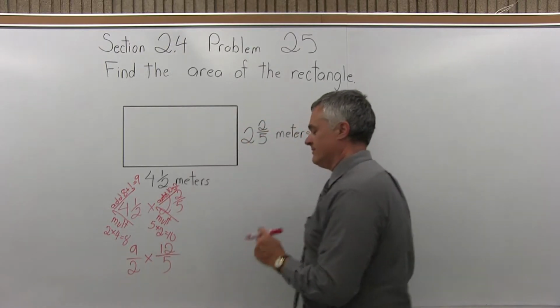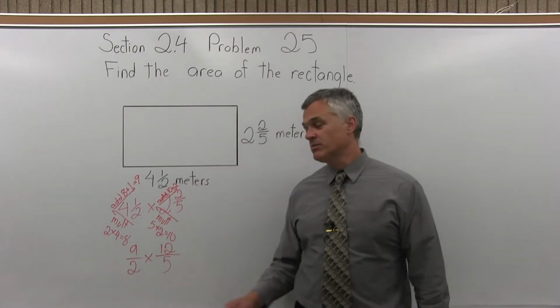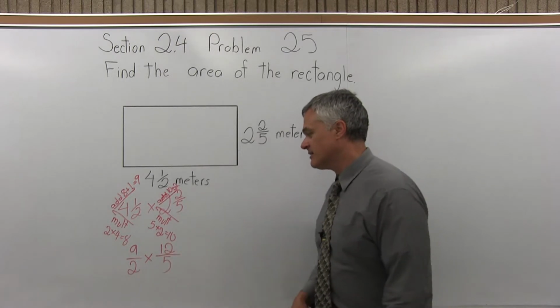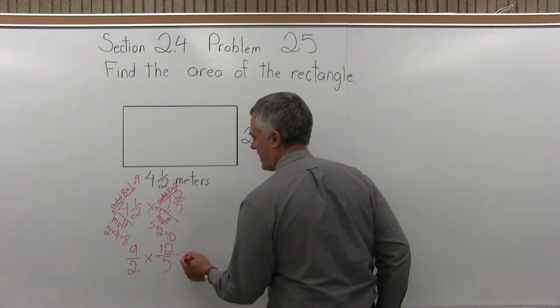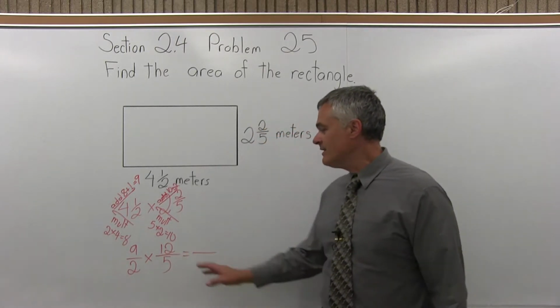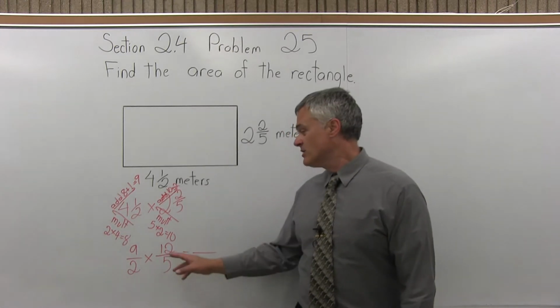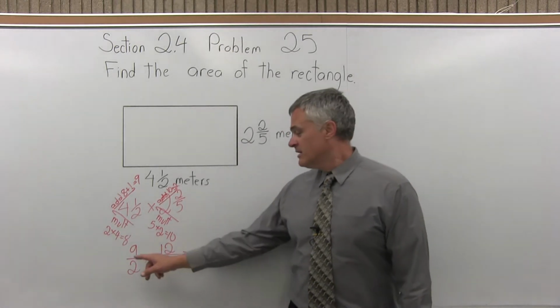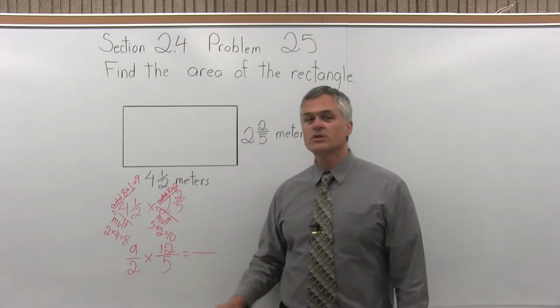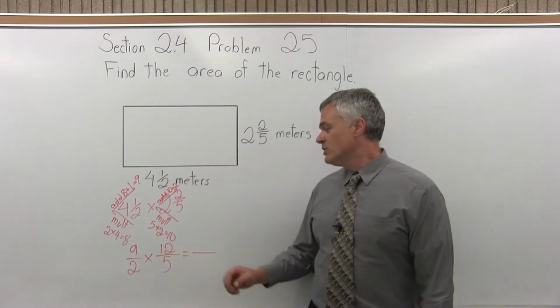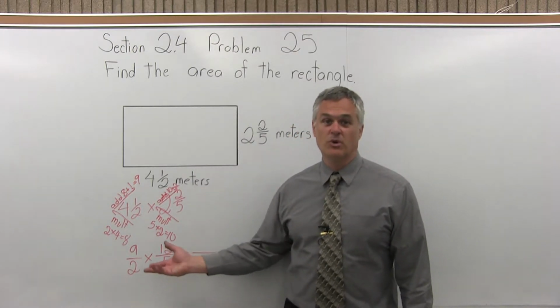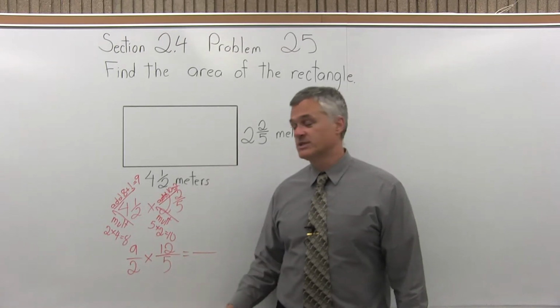Now, these are the numbers that I will multiply. So you multiply top times top, 9 times 12, bottom times bottom, 2 times 5. Now, in this case, I notice that I can pre-reduce a little bit. The 9 and the 5 won't reduce, but the 2 and the 12 do. So you will get the same answer if you multiply first, then reduce, or reduce first, then multiply.